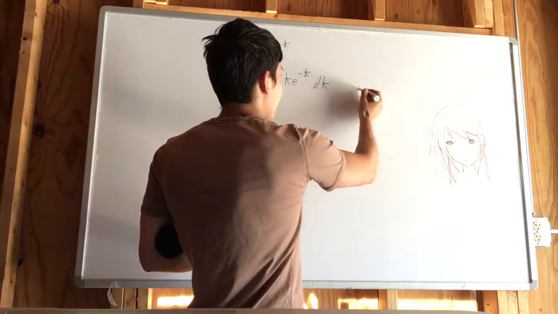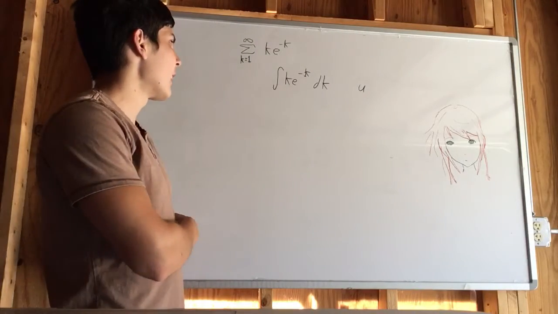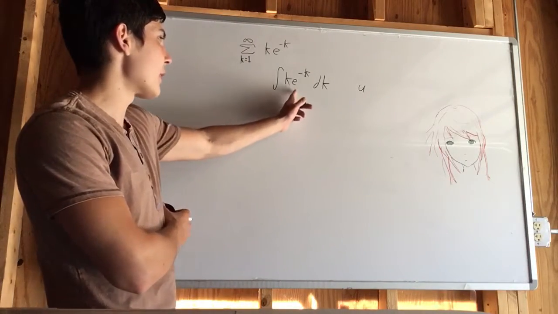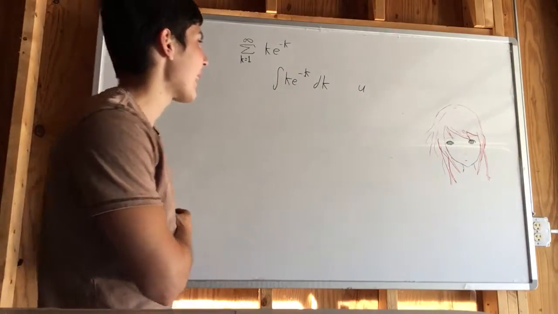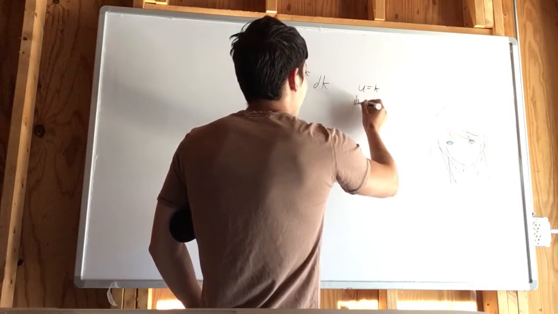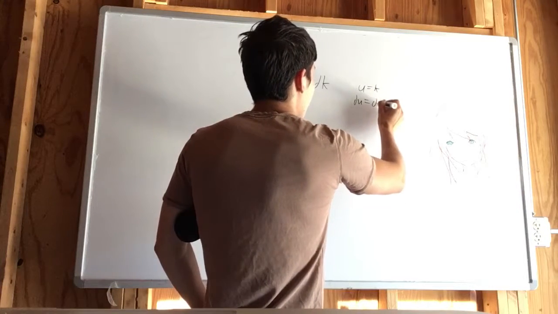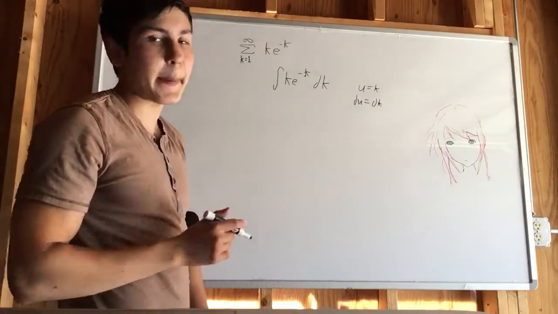So what are we going to take the derivative of? Well, we usually want to take the derivative of something that becomes simpler. So which one would go away if we take its derivative? That would be k. So let u equal k, and the derivative goes away, so that makes this 1, in other words, du is just dk.